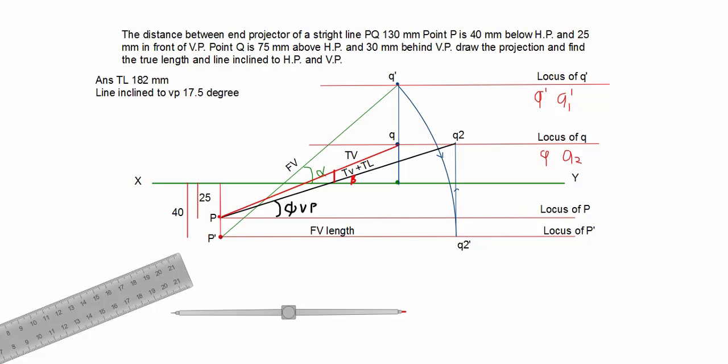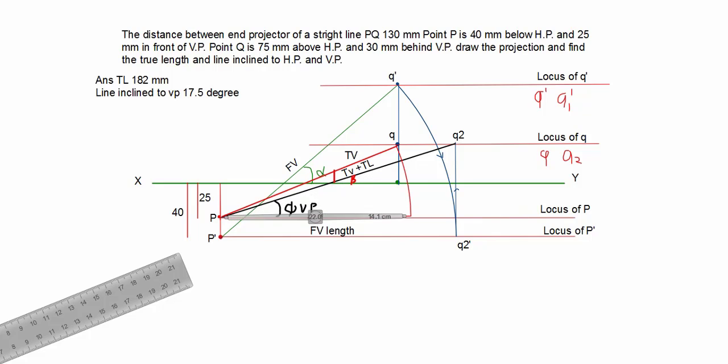Now what we do here, we take the radius PQ, and I make my top view parallel to XY line.